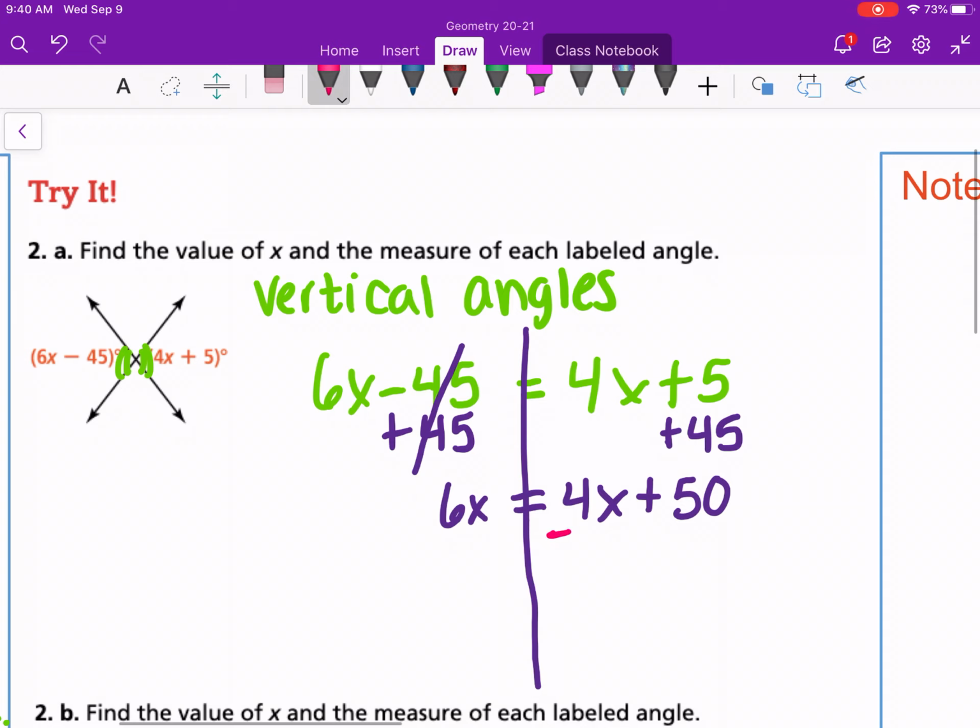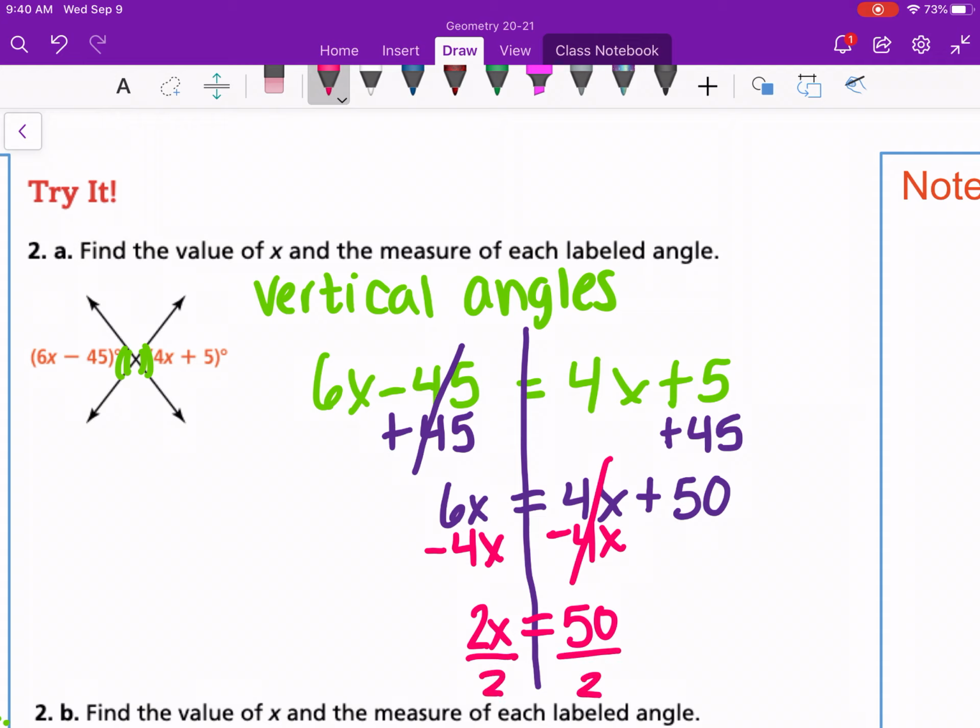So I'm going to take away 4x's on this side, and take away 4x's on that side. Those will cancel out. And now I have 2x equals 50. And then lastly, whenever I have two numbers that are next to each other, I am going to divide to undo the multiplication. And I'm left with x equals 25.